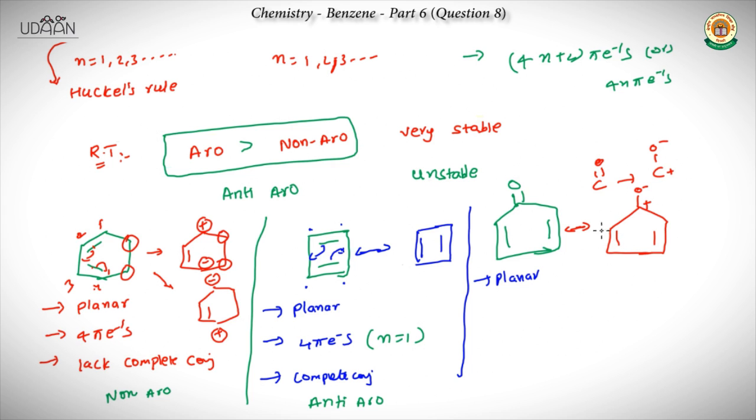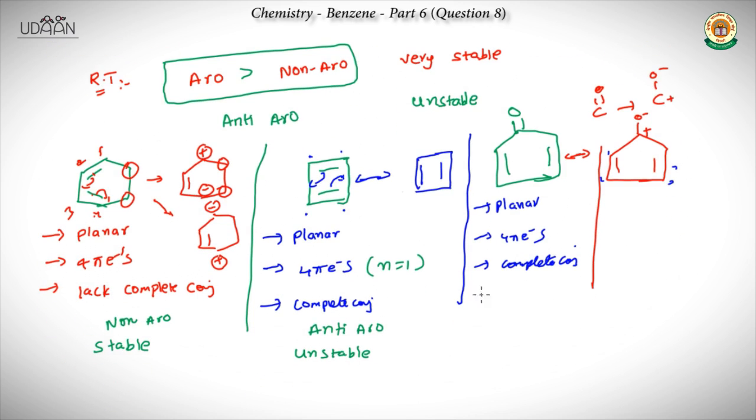I'll show you the structures now. And also it has 4 pi electrons, 1, 2, 3, 4, 4 pi electrons and complete conjugation. So it obeys the condition for anti-aromatic compounds and so it is unstable.